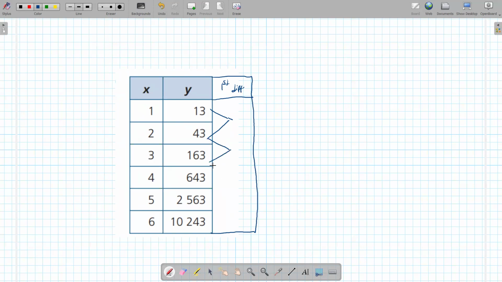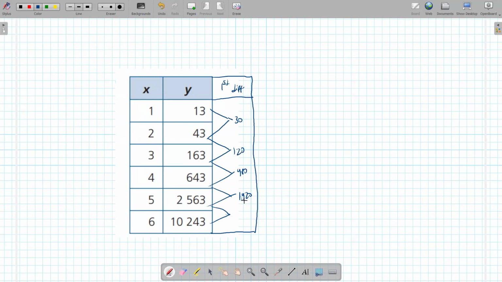It's 30. That's 30. Between these two, it's 120, 480. I can't do the next one. 2563 minus 643. That's 1920.